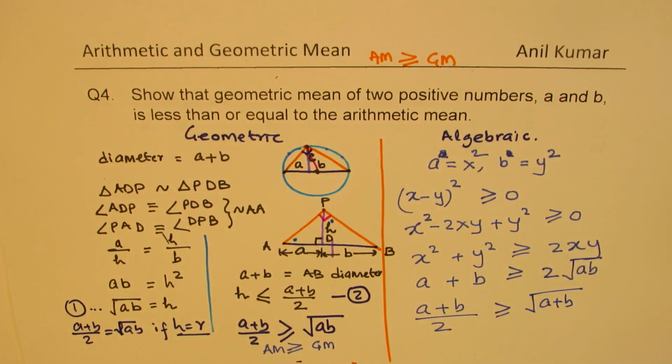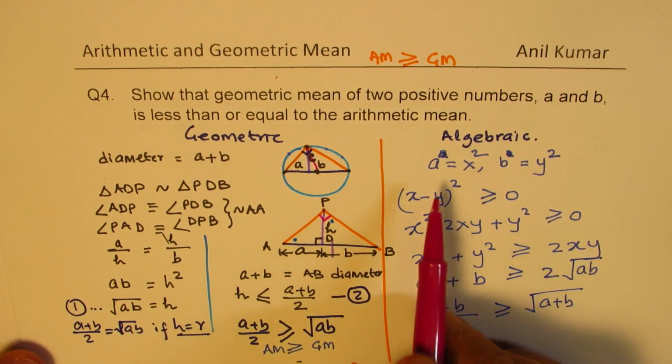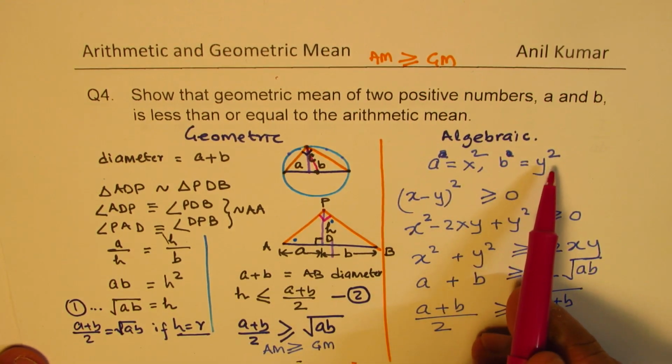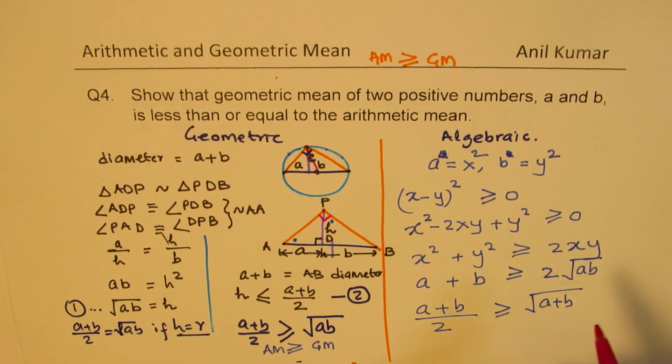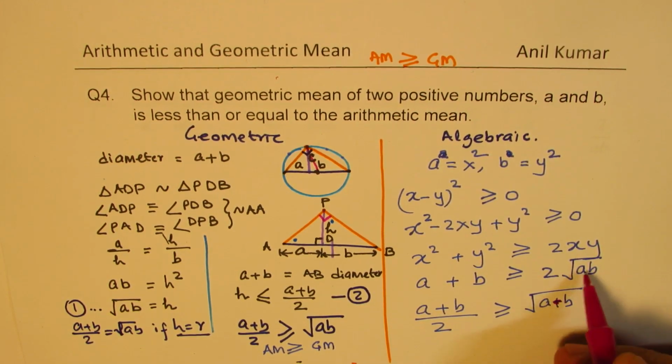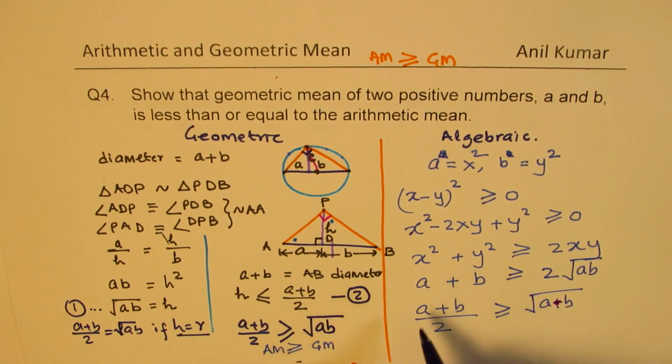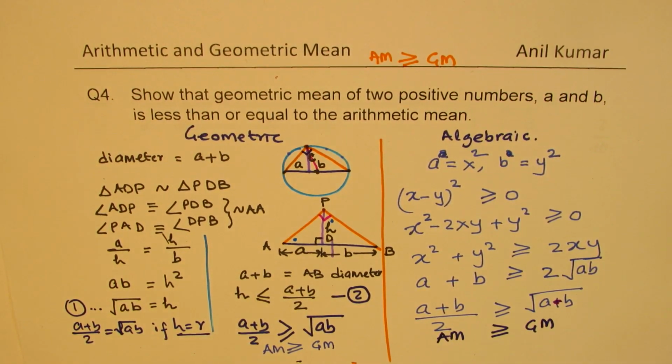So making this substitution, a equals x squared, b equals y squared, we can actually algebraically prove that (a plus b) over 2 could be equal to or greater than square root of the product ab. So that is to say that once again, arithmetic mean is greater than or equal to geometric mean. Is that clear to you?